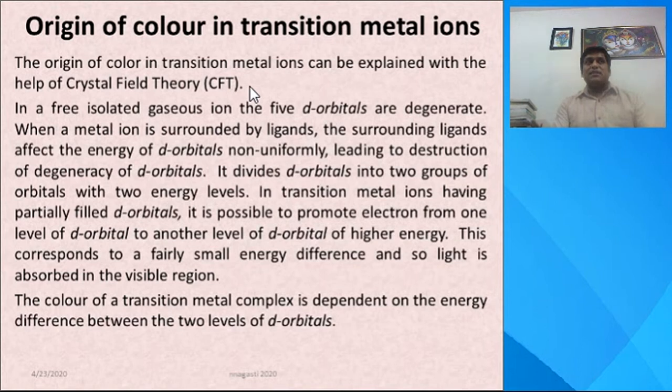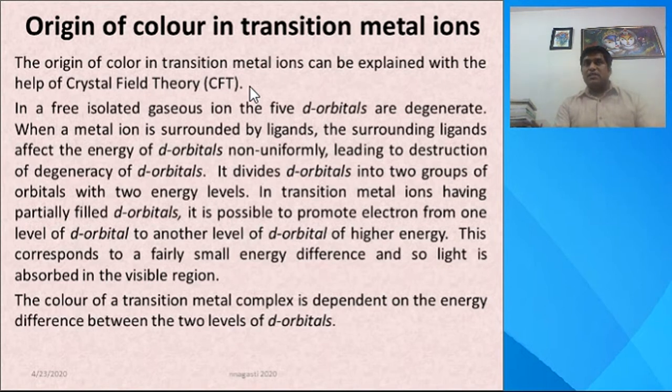And because of different geometry, the extent or magnitude of repulsion between these d orbitals and the electrons in the ligand is going to be different, going to be non-uniform. As a consequence, these d orbitals get split into two sets of d orbitals based on their energy.